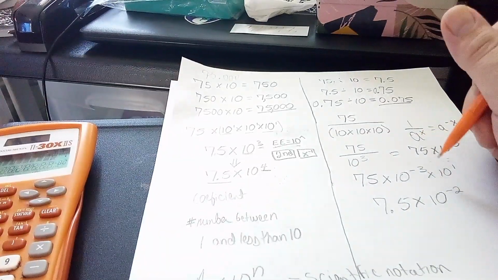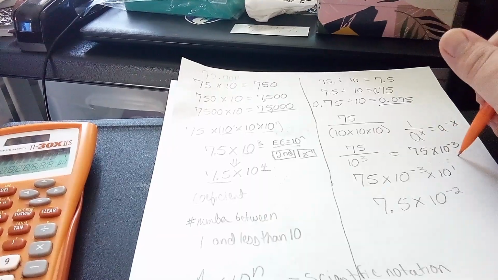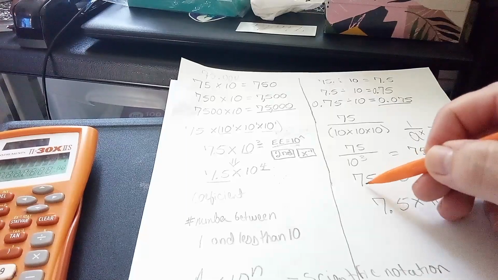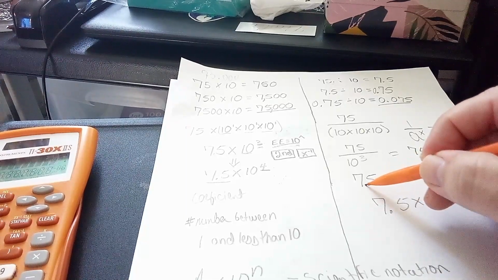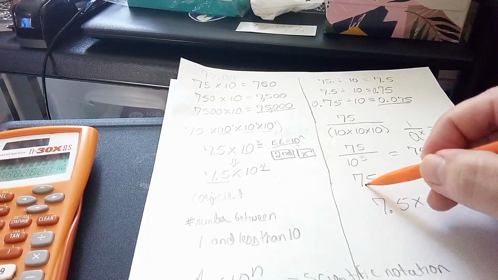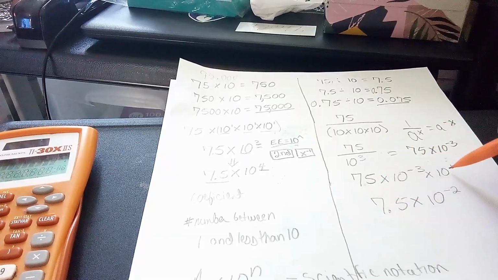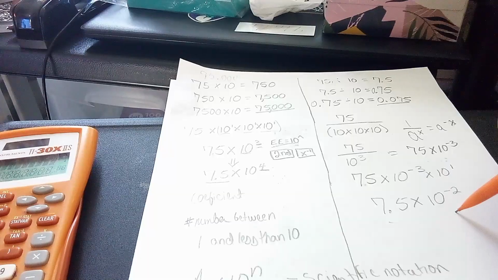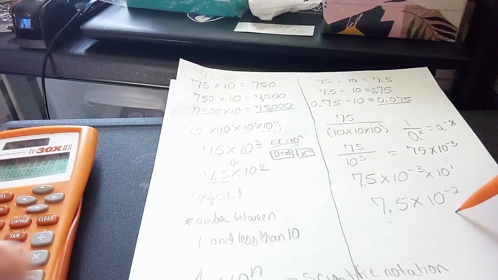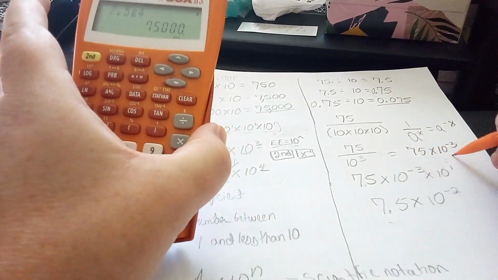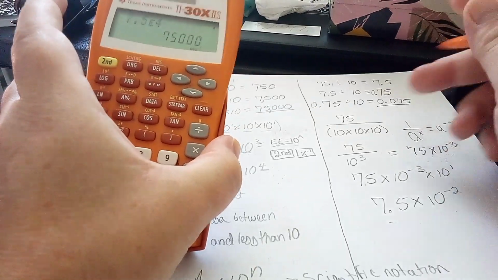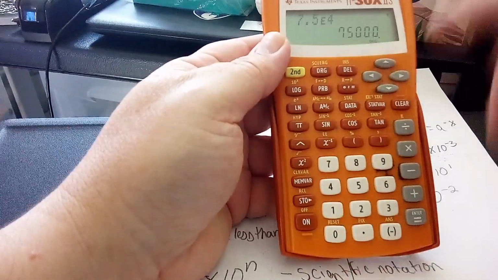So, if I want to rewrite this in scientific notation, I'm just going to be putting the decimal point here. So I have 75, I have to multiply by 10 to the power of 1. So I will have to rearrange it, and it will be 7.5 times 10 to the power of negative 2. But let's verify this quantity. In this quantity, we say that this is going to be equal to this. And again, I'm just going to use the key E.